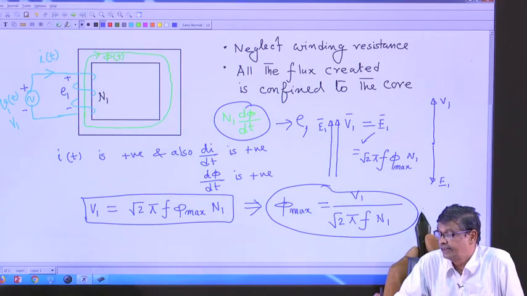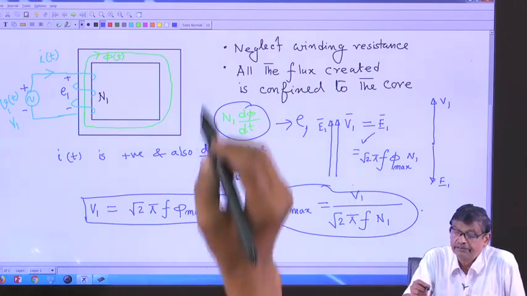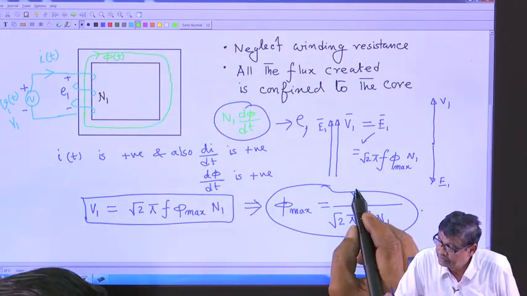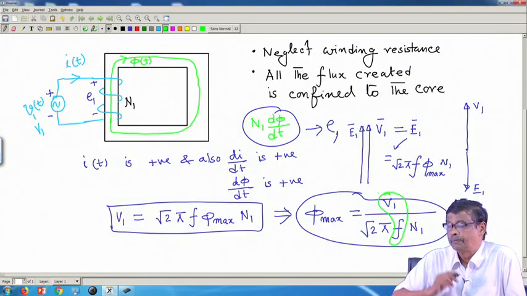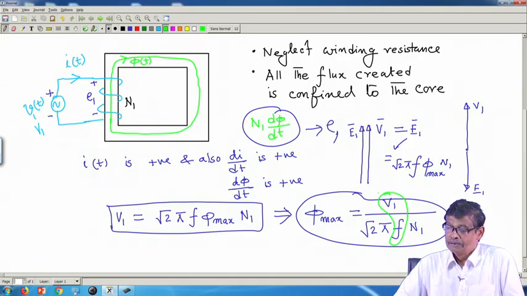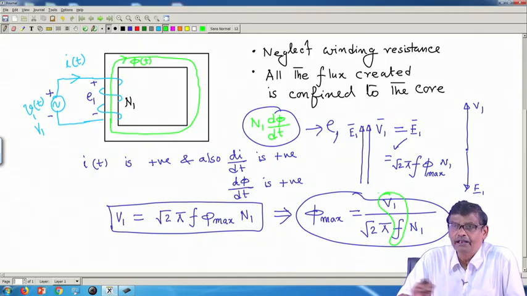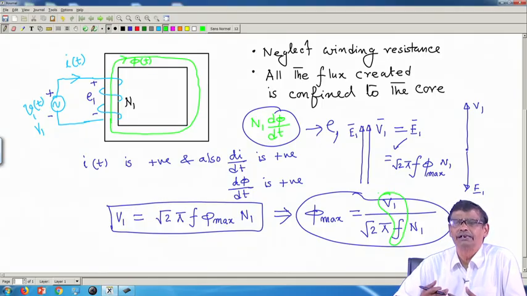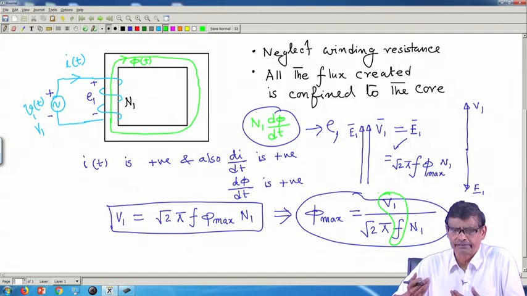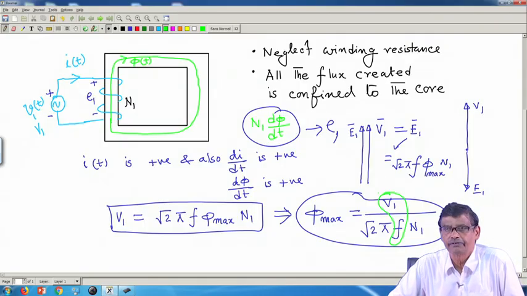Phi max gets decided. Decided by whom? Decided by these two numbers: the RMS value of the supply voltage and the applied frequency. Of course, this is the peak value of the flux. How is the flux changing? Sinusoidally. You can describe it as phi max sin omega t or phi max cos omega t, whichever is convenient. This flux is also sinusoidally varying with the same supply frequency f.